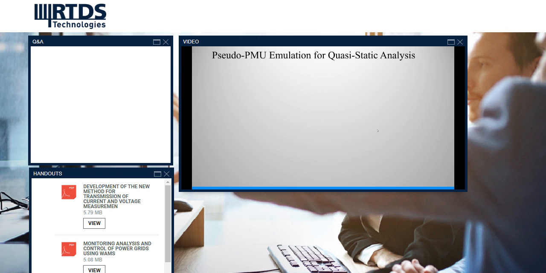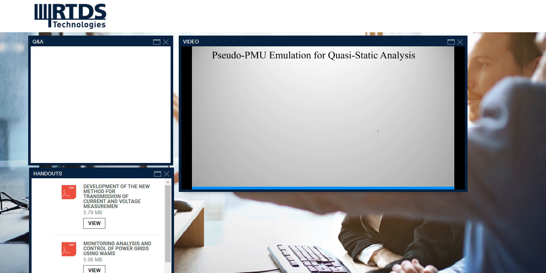We have trained an ANN based ATC estimator for estimating the available transfer capability of the system, for which we generate the data of target ATC and emulated values of PMU information. We need a pseudo PMU emulator.